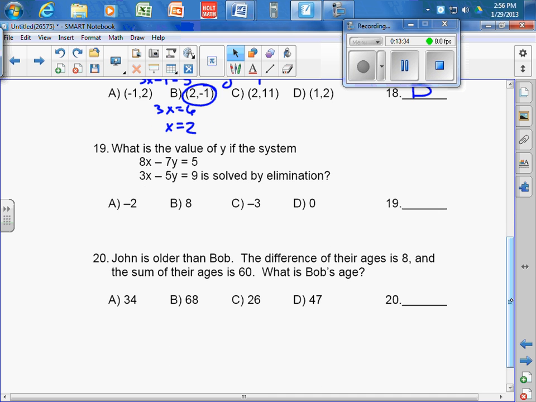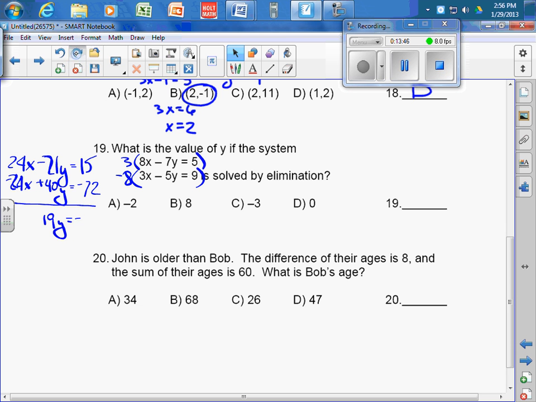In number 19, what's the value of y if the system is solved by elimination? Well, let's solve this by elimination. Multiply the top row by 3 and the bottom row by negative 8. And we get y is equal to negative 3. That's C.